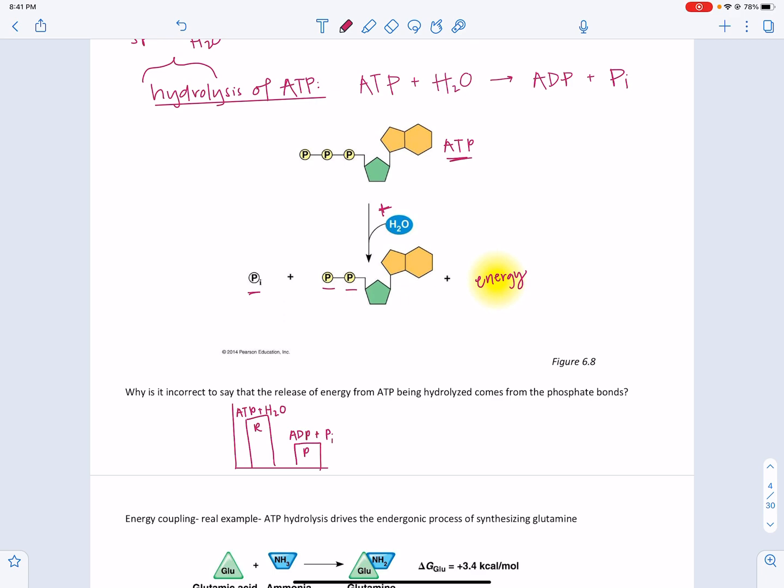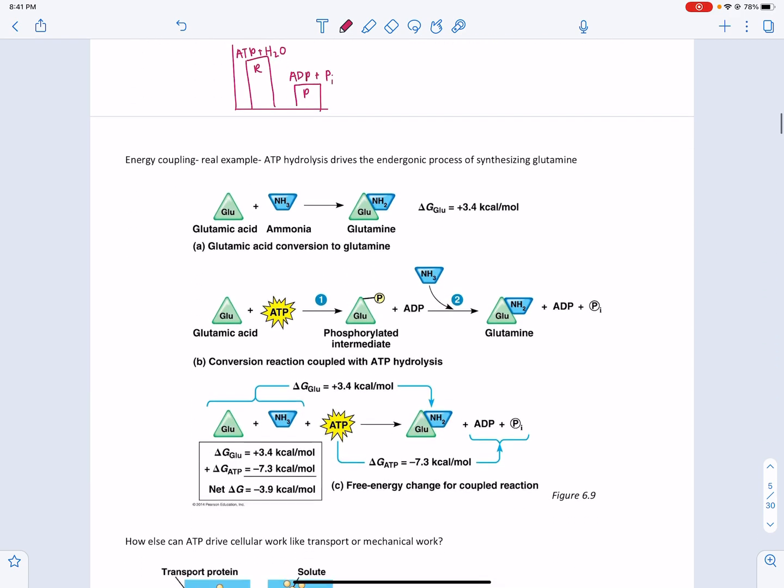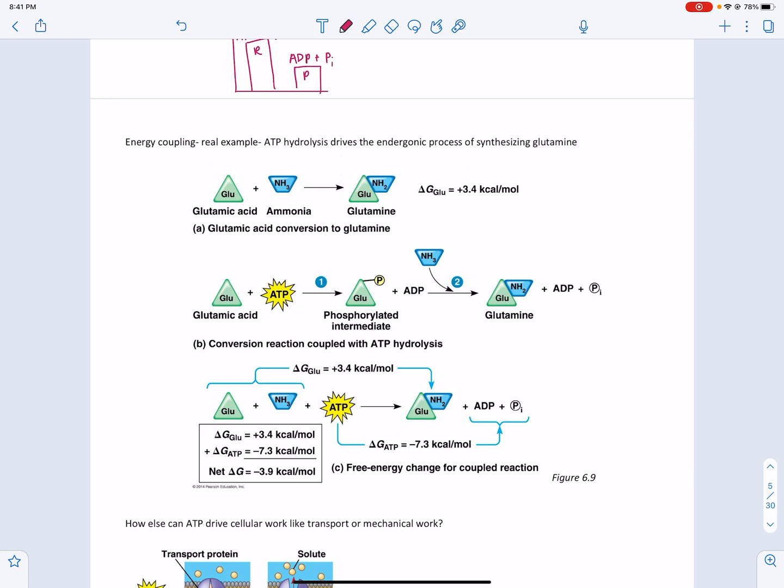When we talk about how your cells do this, there are a couple of examples. The big one to focus on is a reaction that requires an input of energy that is less than the energy released from the hydrolysis of ATP. This is the amount of energy required to perform this reaction up here: an input of 3.4 kilocalories per mole.